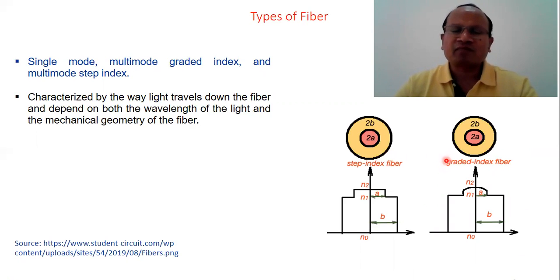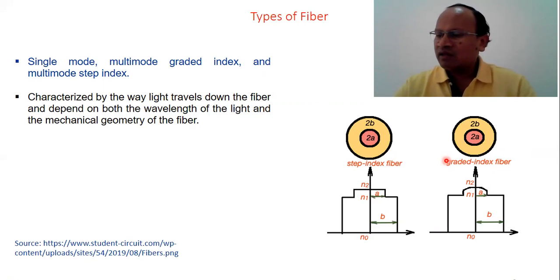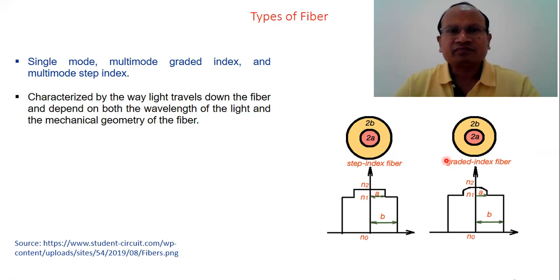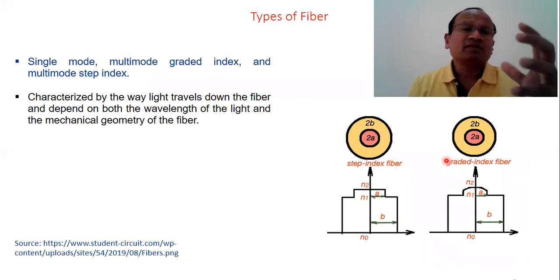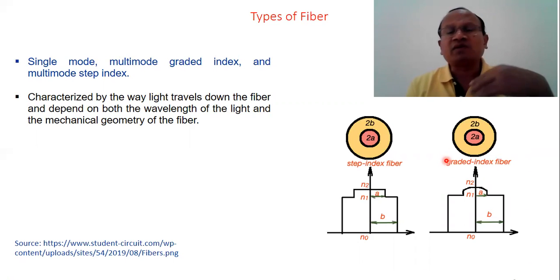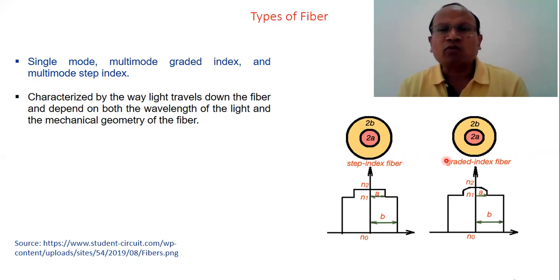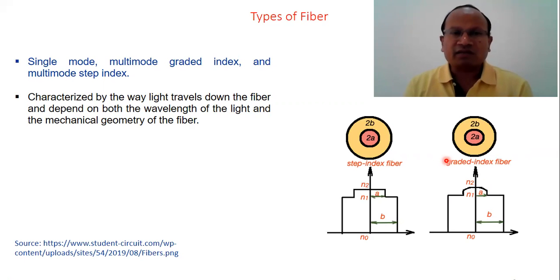But before we discuss dispersion losses, we will see what different types of fiber there are, how they are different, because when we discuss different types of dispersions, we'll find that the dispersion losses are different in different types of fibers. So we also need to understand what types of fibers there are.